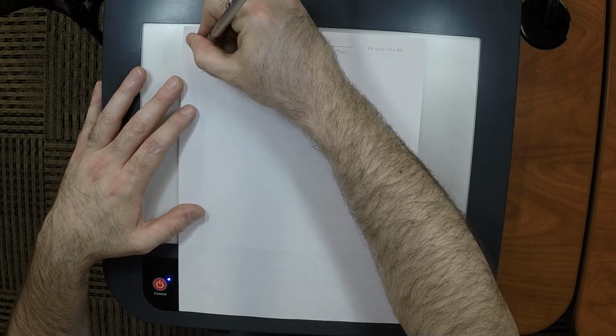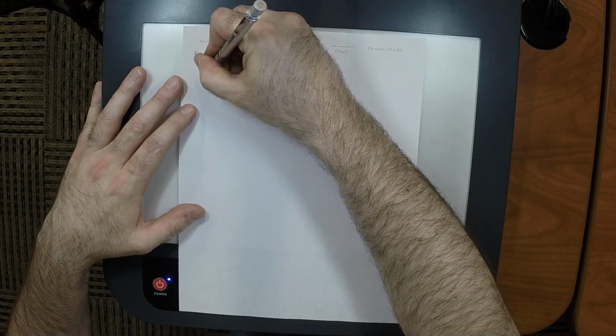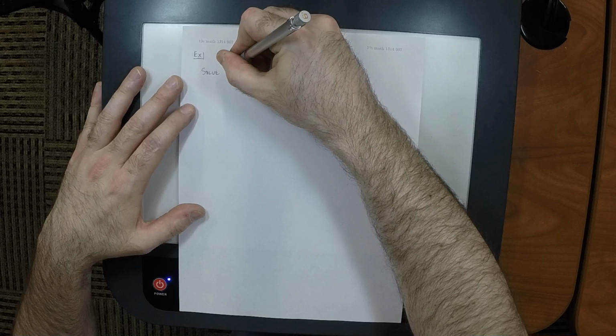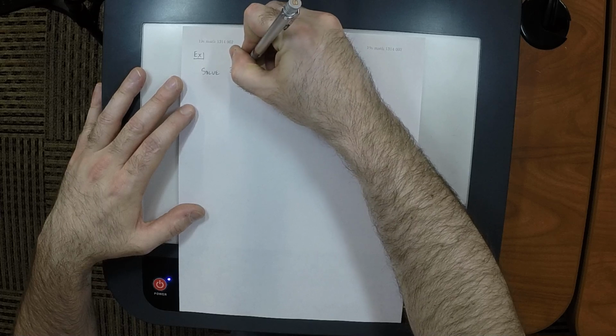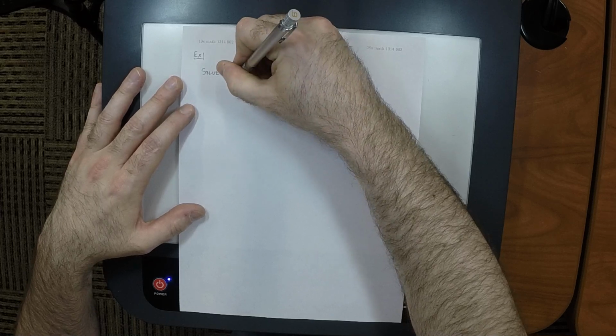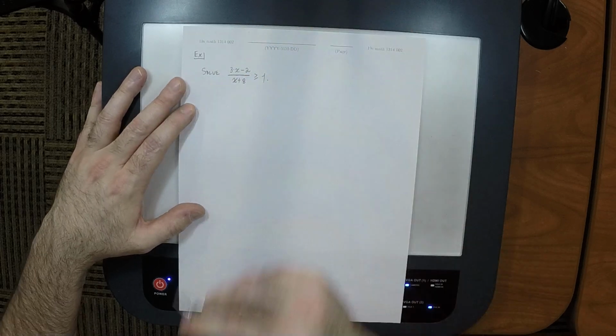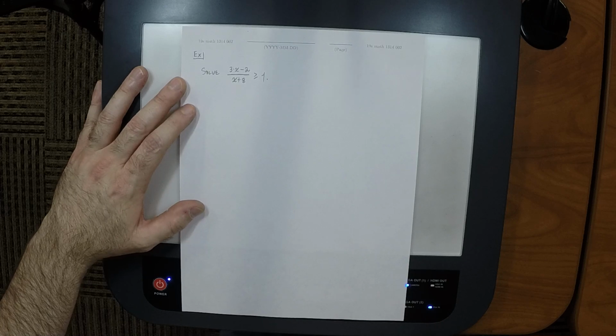So the exercise is solve (3x minus 2) over (x plus 8) is greater than or equal to 1. But I'm going to solve this incorrectly.